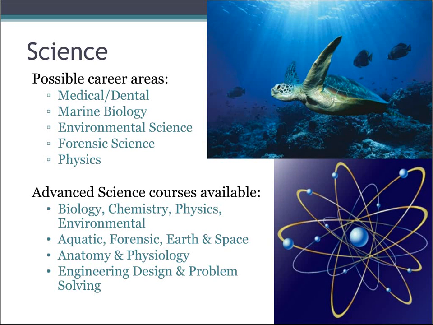That's where the forensic science class comes in. Aquatic has to do with water. Engineering design is for if you want to go into engineering, and then the problem solving class. You can talk to your science teachers if you have any particular questions about some of these courses. So put a mark by it or highlight it. These books are yours to take notes and mark in.